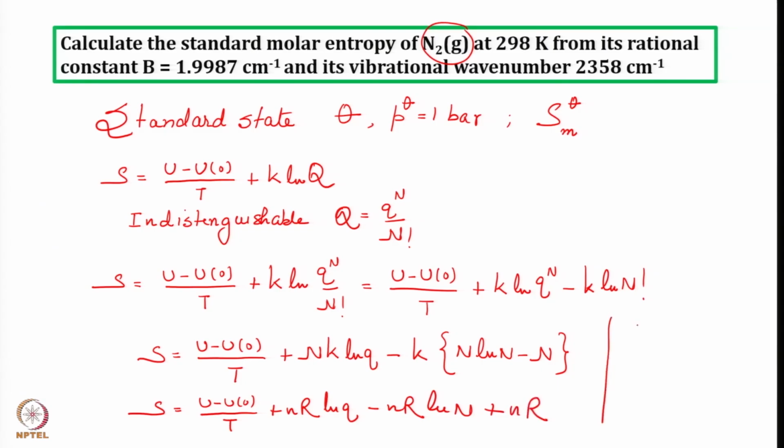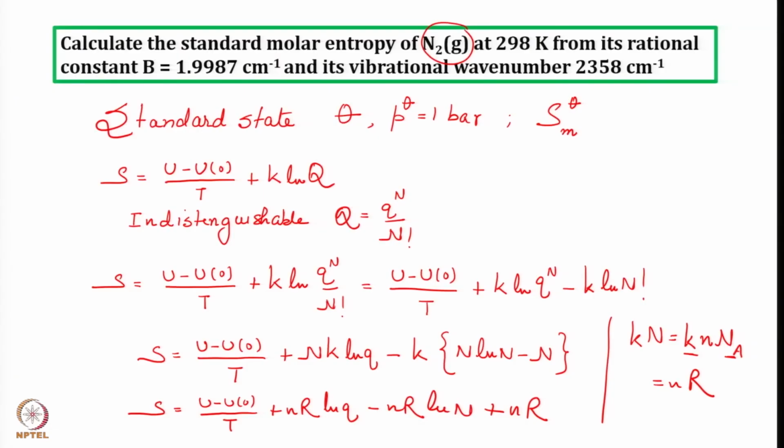We are doing this because k times N is equal to k, N is equal to n times Na, and k into Na is R, which is equal to nR. This is what we have done. Let me write down this on the next slide.